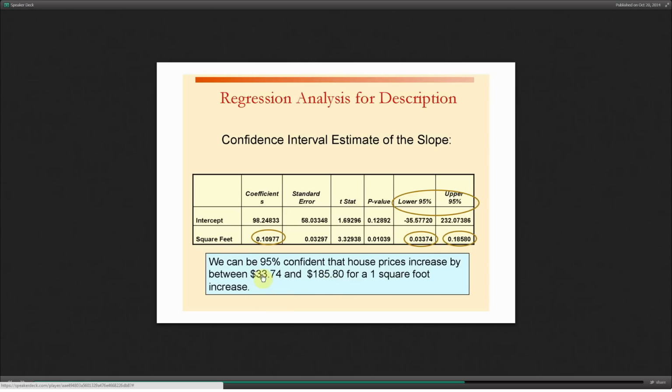Another way you can say this is that housing price increases between this and this for every 1 square foot increase. Because the interpretation of the slope, remember, is that for an increase in the run, what is the change in rise? In other words, for an increase of 1 unit in the independent variable, what is the increase or decrease in the dependent variable?